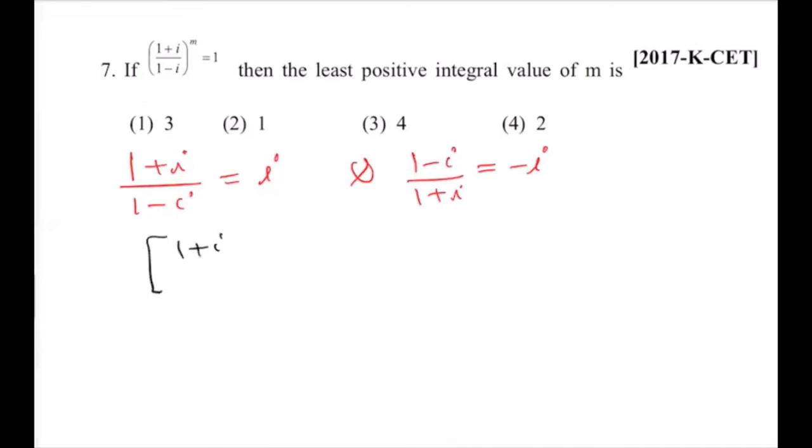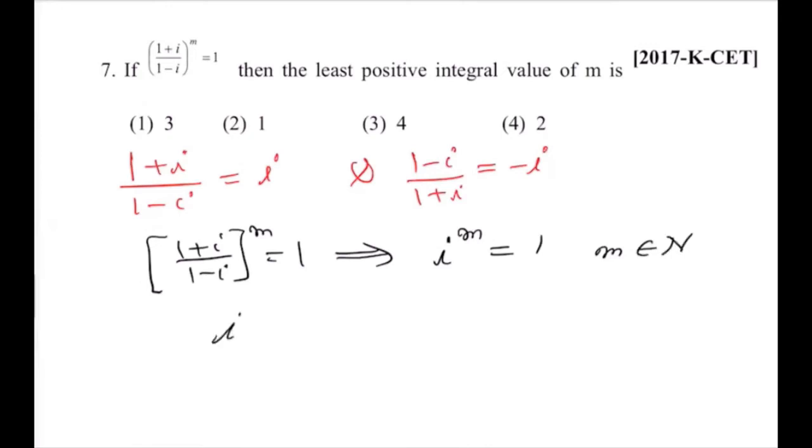((1 + i)/(1 − i)) to the power m equals 1. This takes the form i to the power m equals 1. Now m must be a positive integer, rather m belongs to N, natural numbers 1, 2, 3.